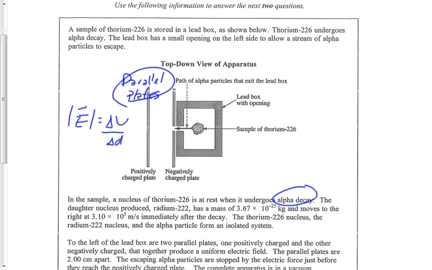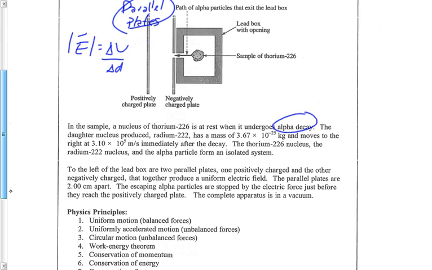Yeah, Emma? Where does it say that? Oh, here we are. So the alpha particles are stopped. Now, did that tell you anything, like maybe what we can do? Be careful with that. It ends up being the same equation.